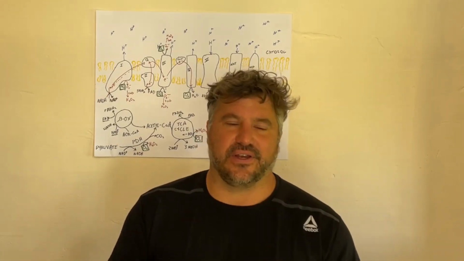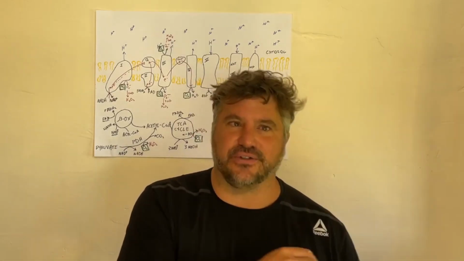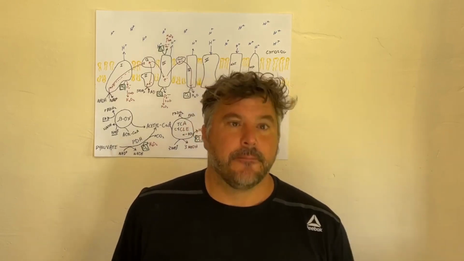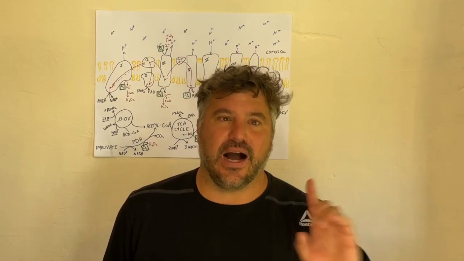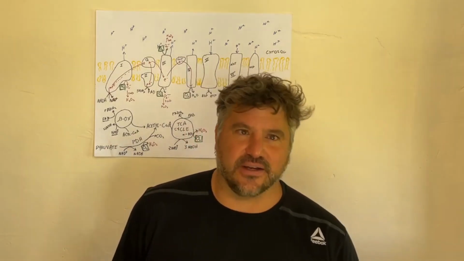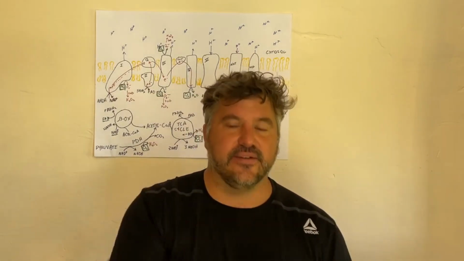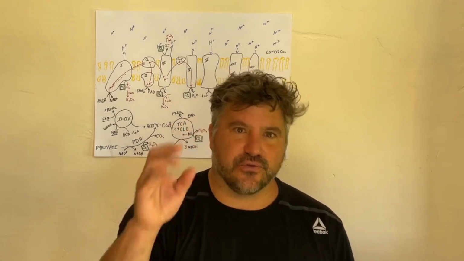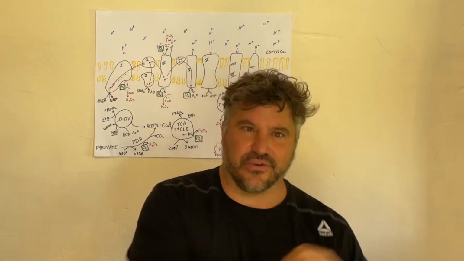The last thing that NADH can do is use those electrons to generate superoxide and free radicals and reactive oxygen species, because electron donors, if they donate that electron to oxygen, the oxygen becomes a free radical itself, superoxide. And so that's the double-edged sword that is true of all antioxidants. If they donate that electron to a free radical, it's neutralized. If they donate that electron to oxygen, it creates another free radical.